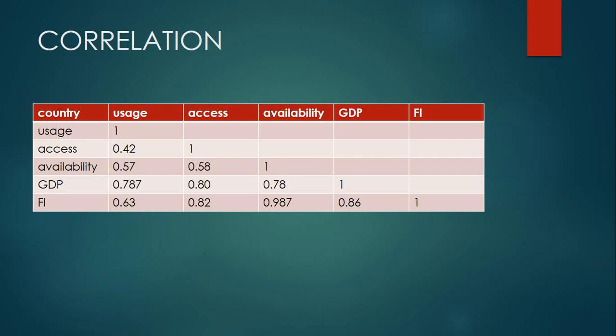The dependent variable is financial inclusion, and the relationship of financial inclusion with usage is 0.63, with access is 0.82, with availability is 0.987, and with GDP is 0.86.